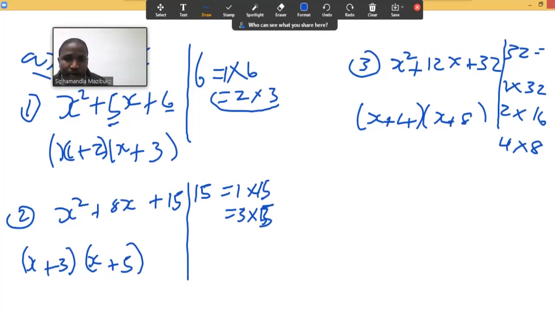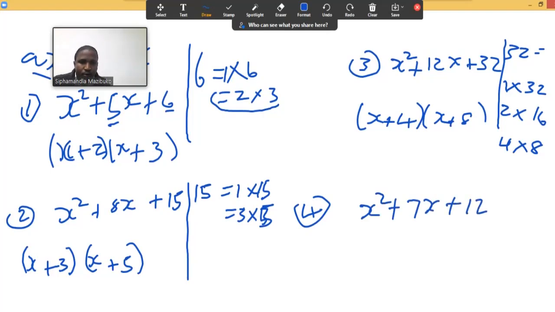Let's look at number 4, and let's make this our last example. Let's look at x squared plus 7x plus 12. If you're looking at this example, we're doing the same thing. We'll find the factors of the last term.